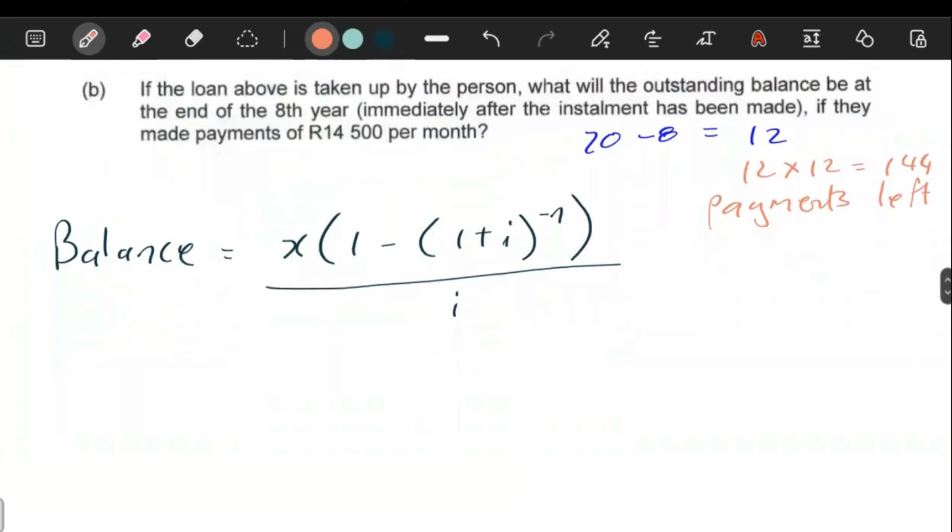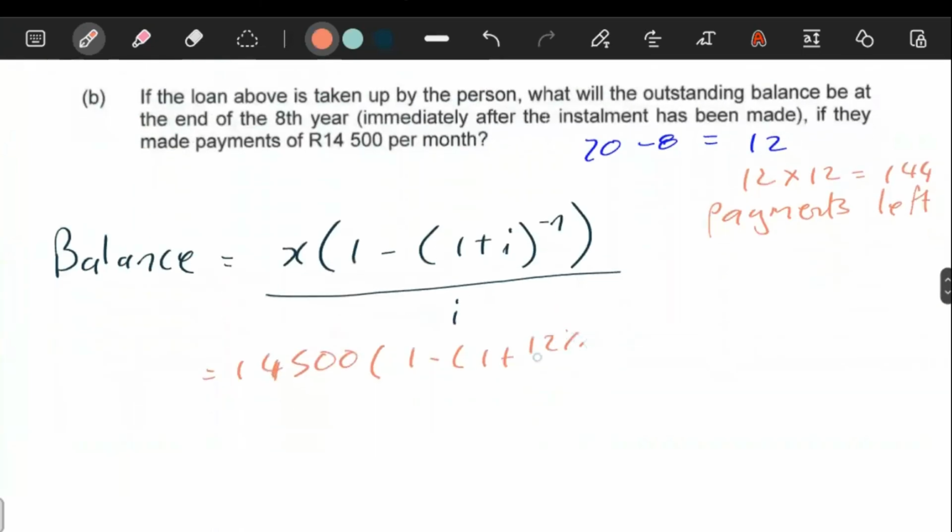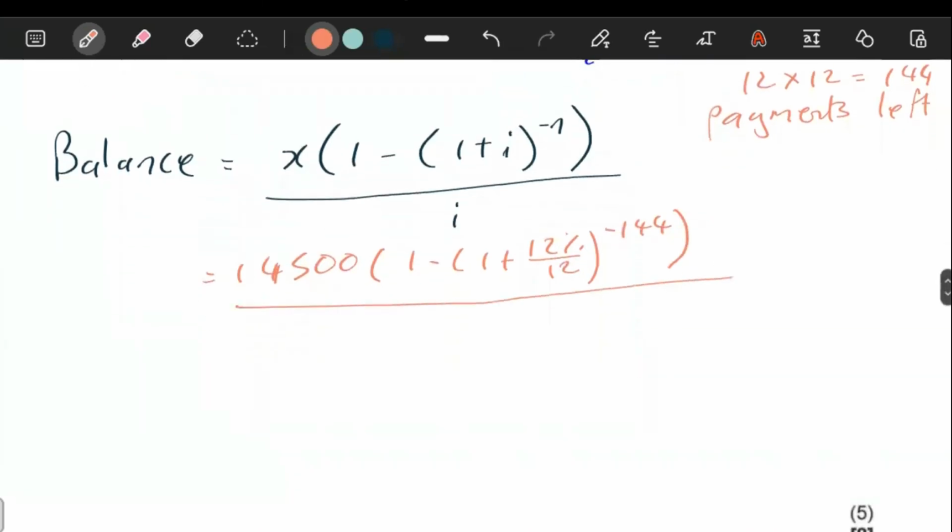So x is 14,500. Then 1 minus 1 plus the interest rate, which is still our 12% per annum, compounded monthly. n is the 144 here. The whole thing is 12 over 12.